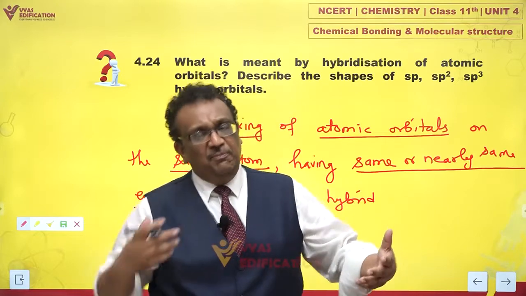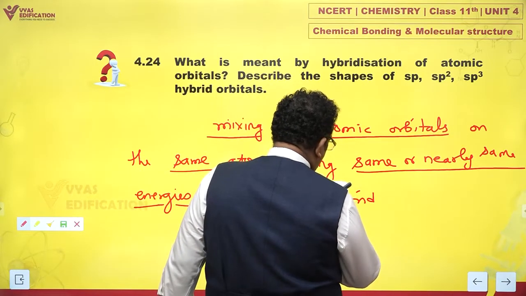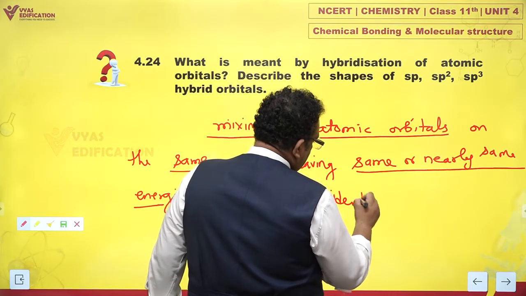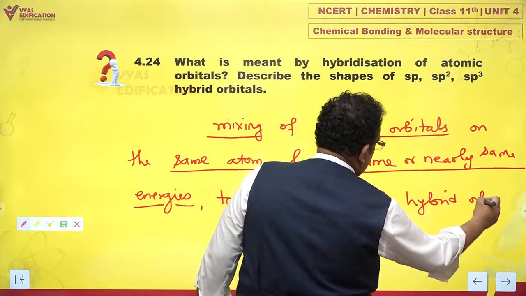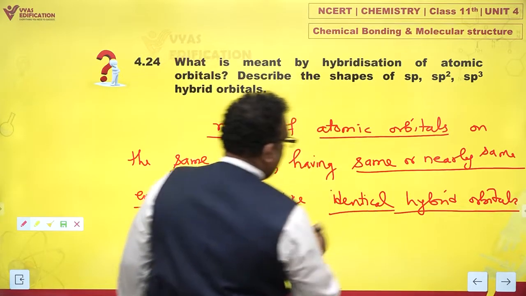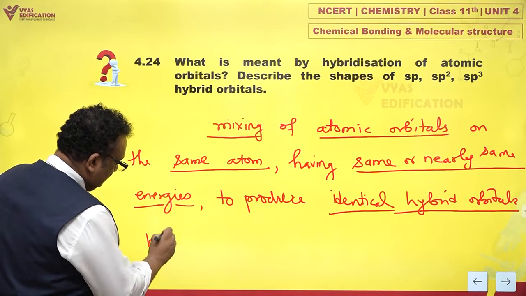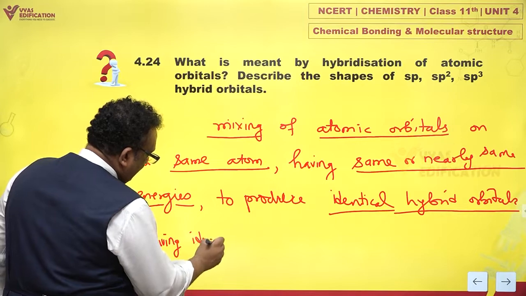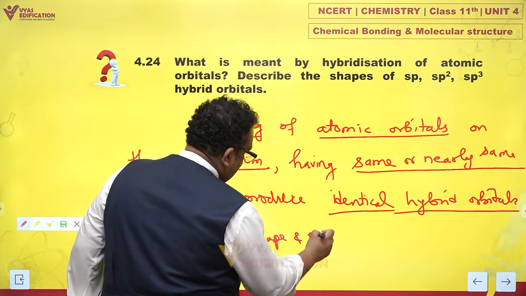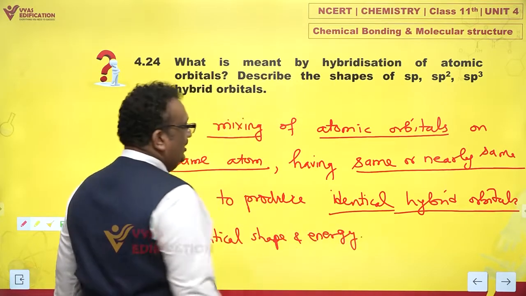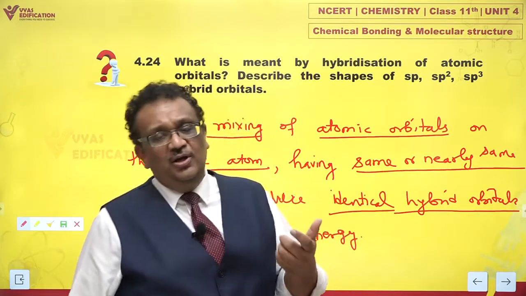One could be S, another could be P. After mixing, they became same to produce identical hybrid orbitals having identical shape and energy. And this energy is just in between the energies of the orbitals which have undergone mixing.